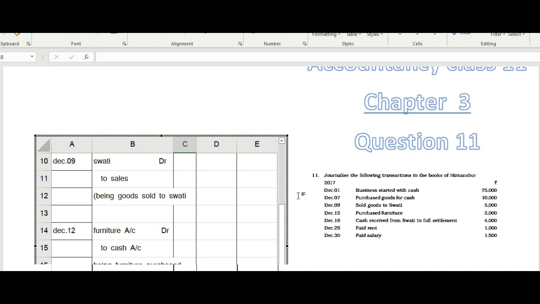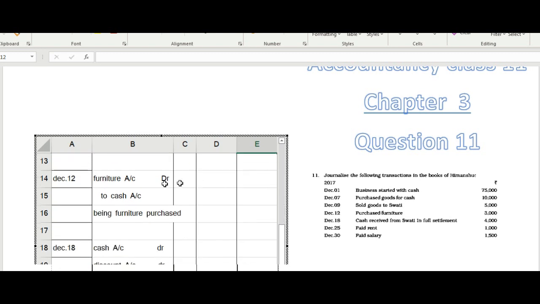Swati is a debtor, and this is a category of asset. That's why we debit Swati and credit sales. And then plot the amount 5,000, and the narration is: being goods sold to Swati.